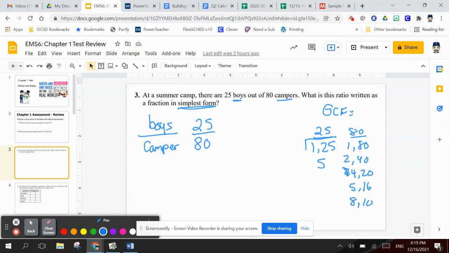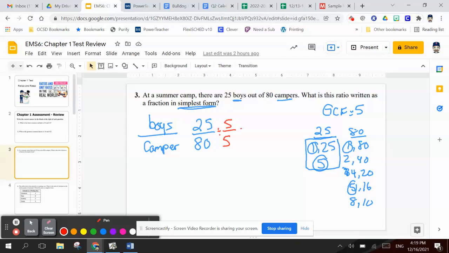So what numbers under 25 are also underneath 80? Well, that would be 1 and 5 and not 25. So of the 2 that I circled, which is the largest? That would be 5.